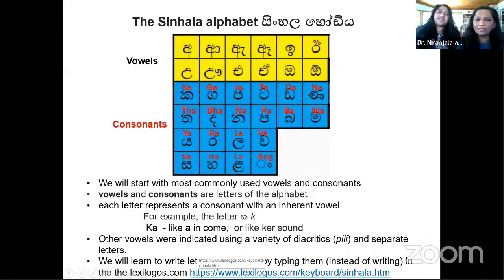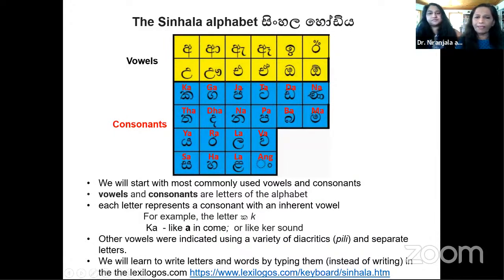Just wanted you to know that this is why the consonants are organized in a grid, because it's about the way your mouth is moving. So even though there are more vowels and consonants, we will use this simplified version, so you are not overwhelmed, and we can start learning some basic vowels and consonants.